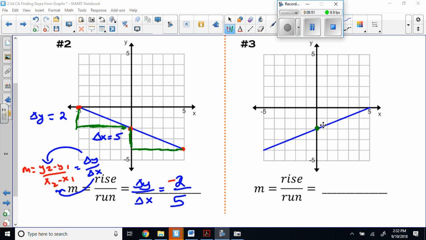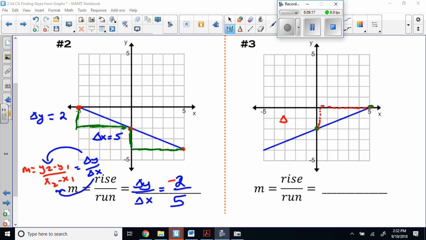I'm always looking for that spot that it goes through the perfect grid, right? And when it crosses the y-axis, that should happen there. So my next one is, let me see, nope. Yep, right there. Because it's going up, I'm going to draw the stairs on the top side.